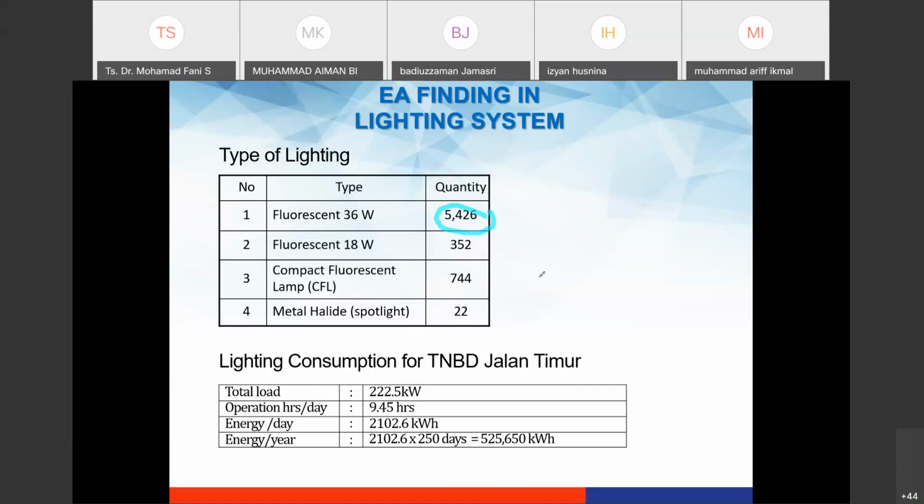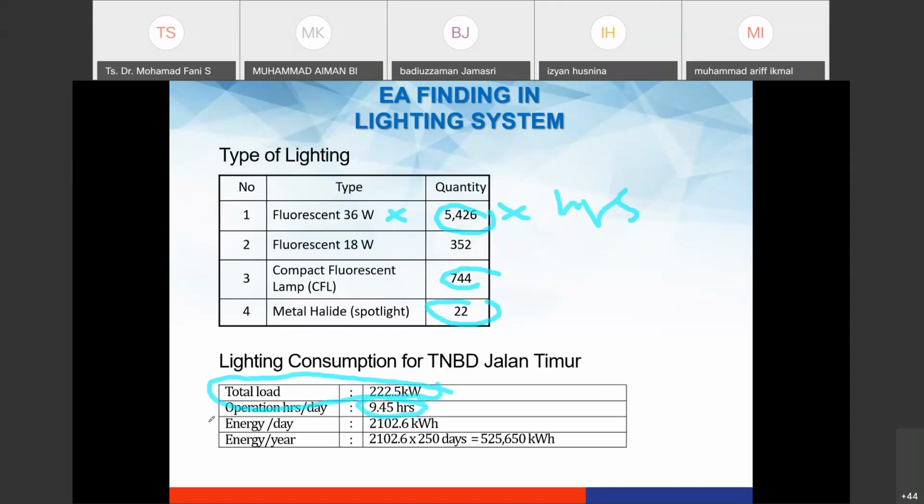Compact lamp FL 744, and metal halide spotlight, this one 22. So we can total all these, multiply with the quantity, multiply with the hours of consumption, and we can get the total load in kilowatt hour. Operation hours is 9 point something.